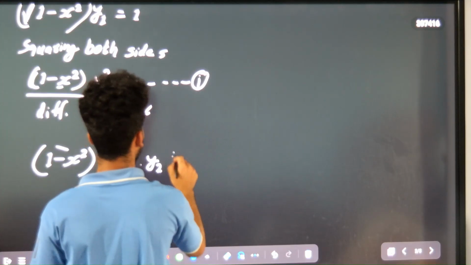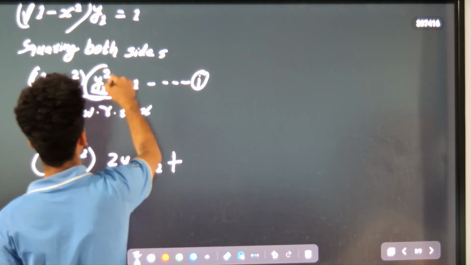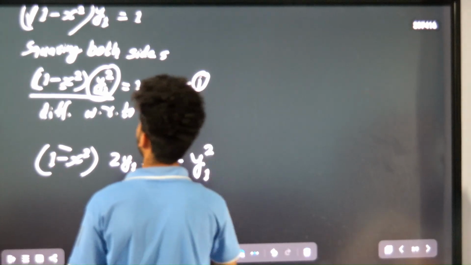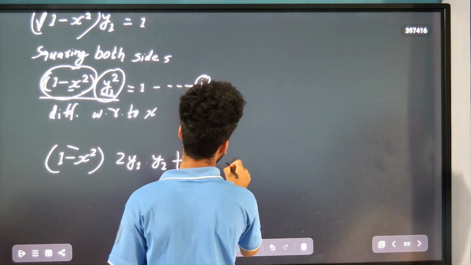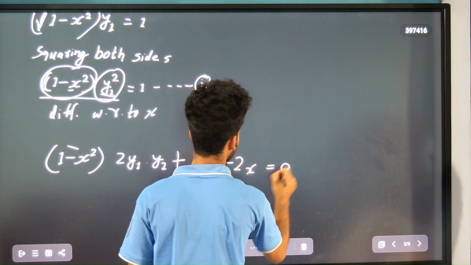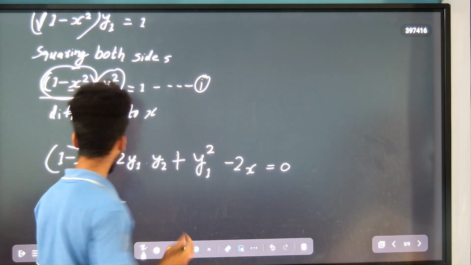So plus term, again now this term becomes constant, so y1 square, and the derivative of this 1 minus x square term is minus 2x. This becomes 0, the derivative of a constant is always 0.